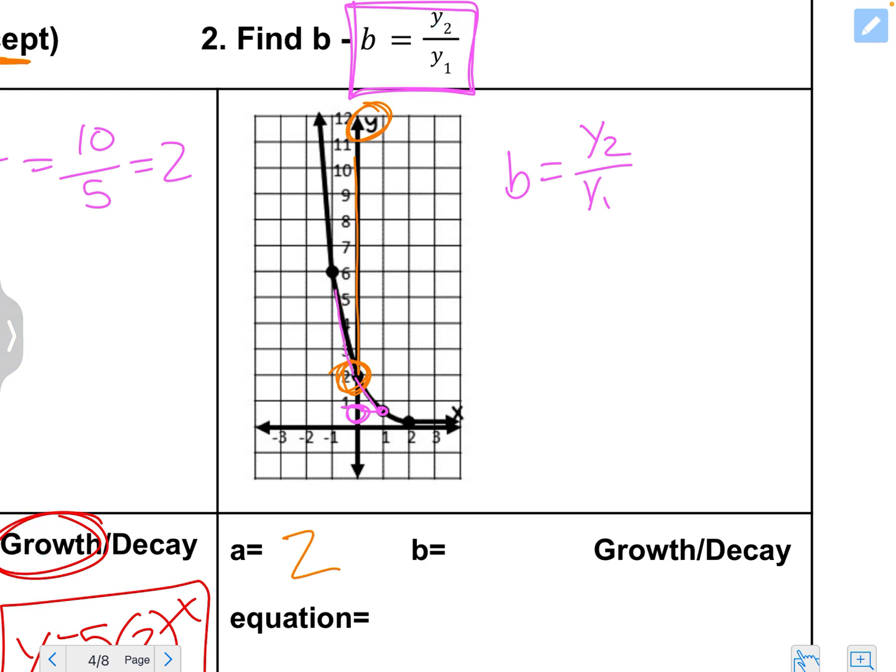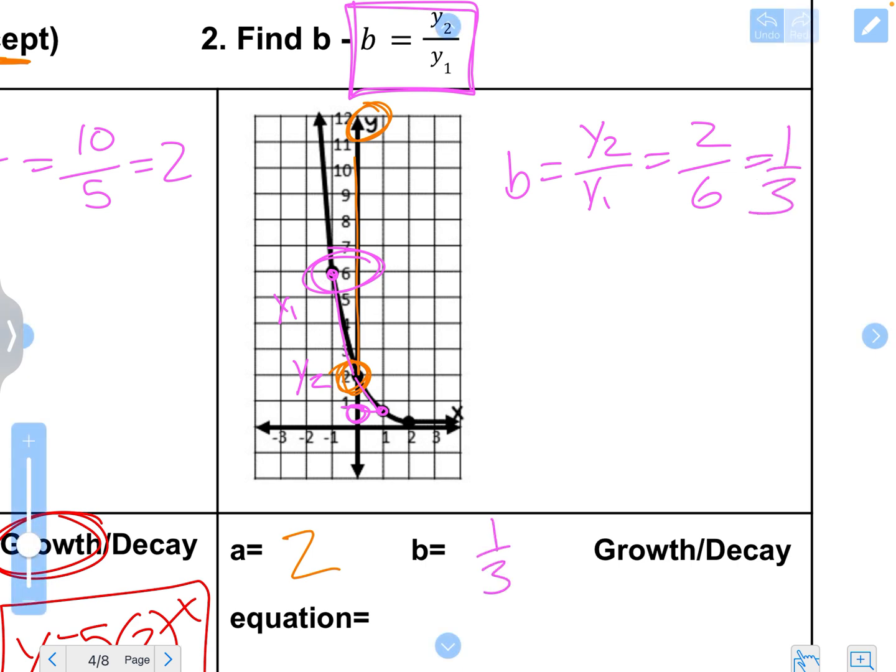So now I'm going to go to the left, and I find a point at 6. So the 2 points I'm going to use, the one on the left is y1, the one on the right is y2. So we're going to go 2 divided by 6, which becomes 1/3.